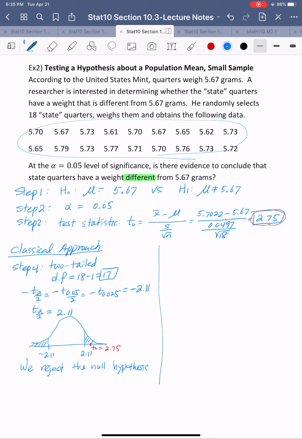And then for the p-value, it will be the same. So it's a two-tail. So this is step 4.